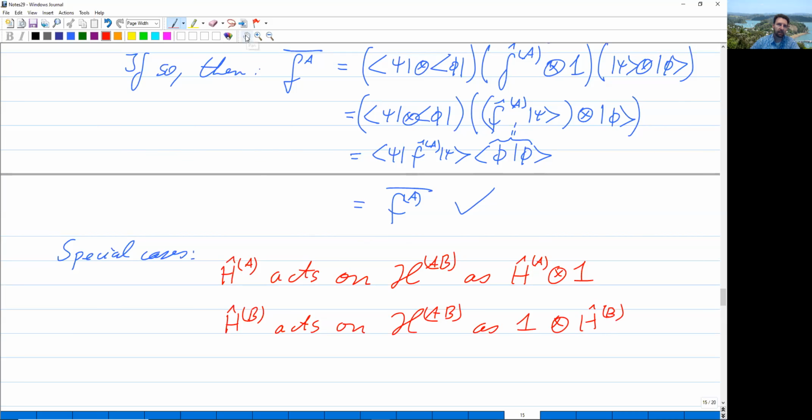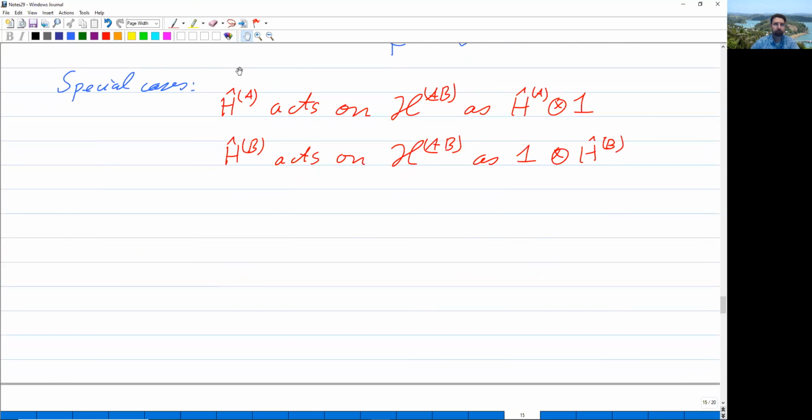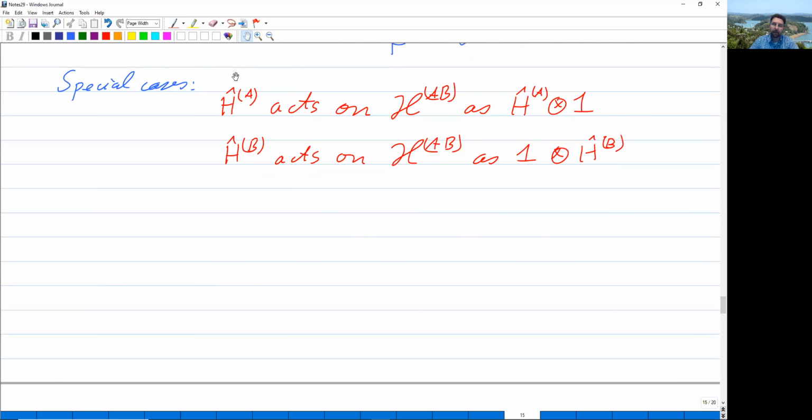This means that we can now write down the Hamiltonian of the composed system, of the total system. So, therefore, the Hamiltonian, total energy, and remember the significance of the total energy.